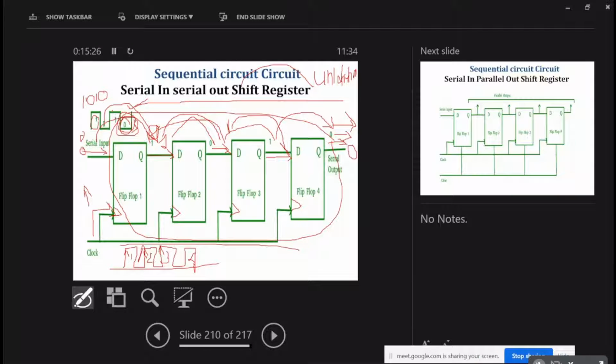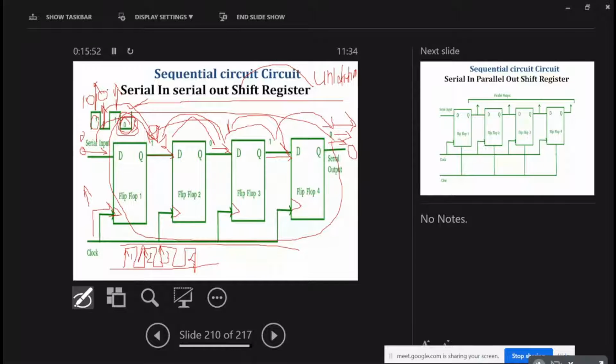Another 4 clock pulses we need to get the next bit, another 4 for the next, and another 4 for the last. Okay, so in total how many clock pulses do we need? 16 clock pulses to get all the bits of the 4-bit pattern. Okay, so this is a serial in, serial out shift register.